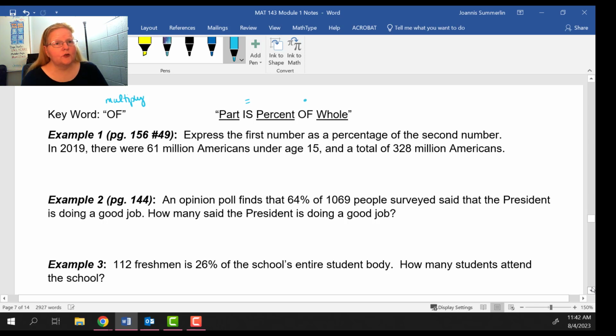Long time ago we did part and whole. Part over whole equals percent over 100. That's how you were supposed to set up your percentages, your proportions. Some people did is over of equals percent over 100. That was a way to set up your proportions.